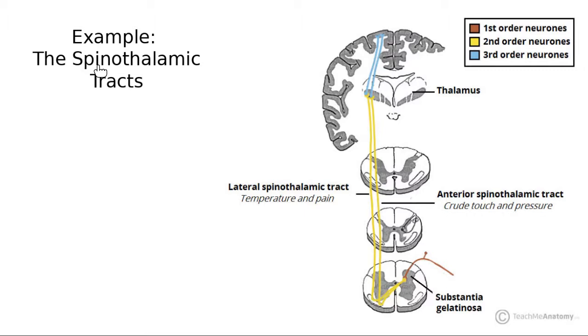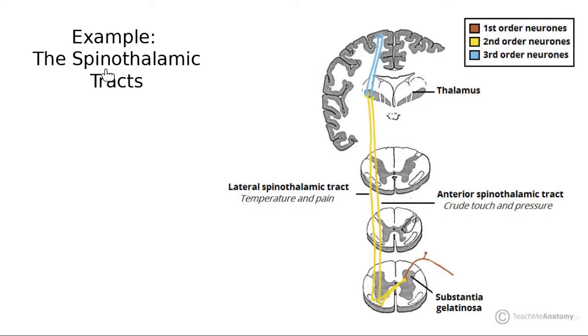So let's start with this one here. This one is called the Spinothalamic Tract. With any of these tracts that we're looking at, their name is going to tell me information about where things are found. Let's start with this spino part in its name.